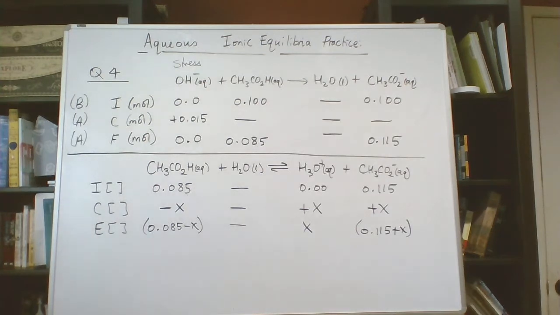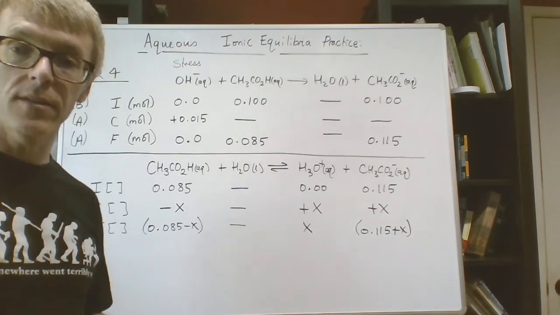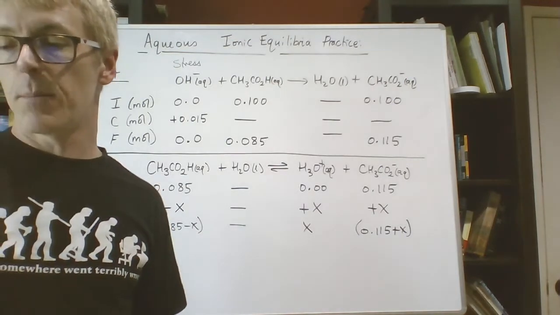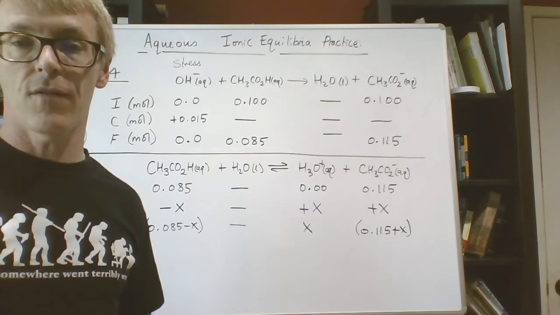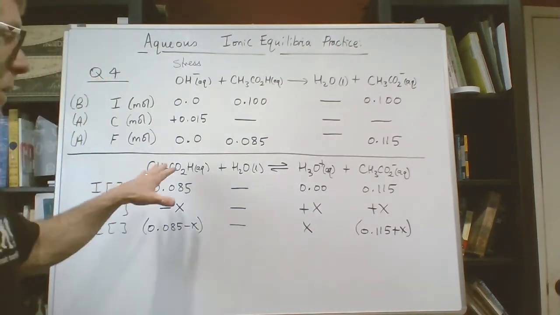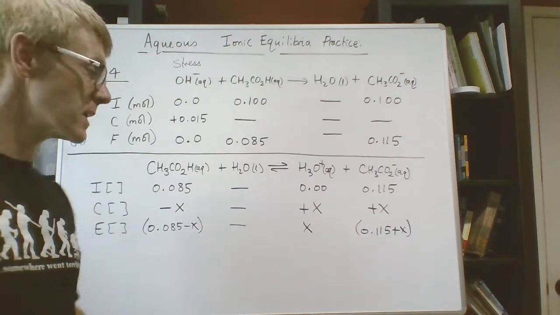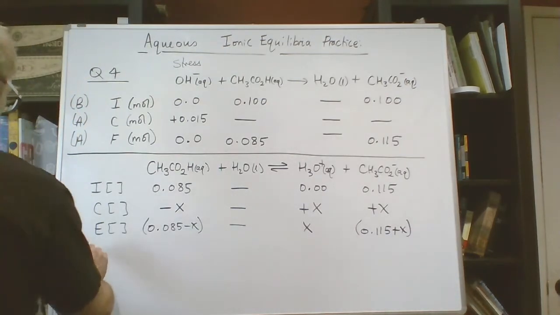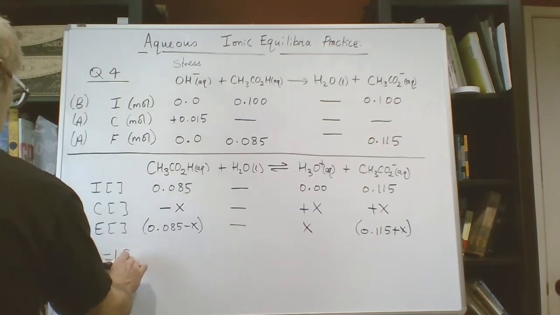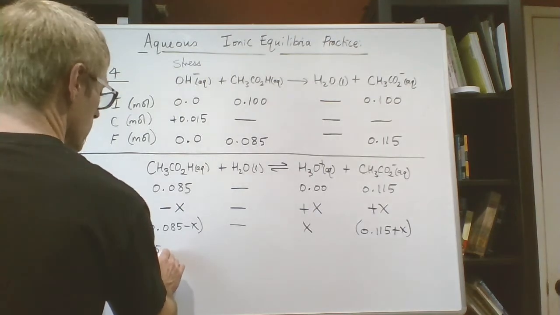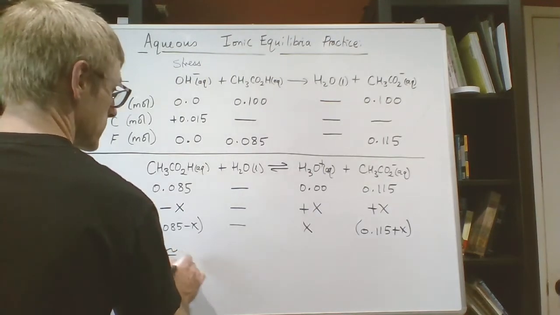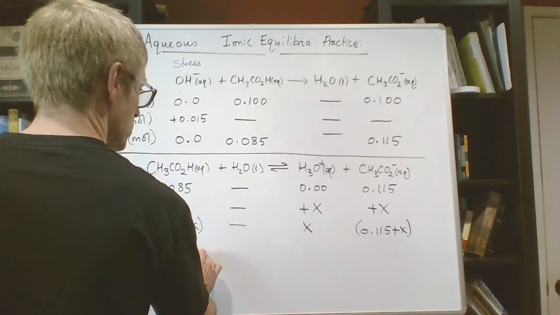I know the Ka value of this system. You wouldn't have to memorize it, it would be provided to you in an assessment, but I'm aware of the fact that it's less than 10 to the negative 4. So I can proceed with the assumption. So Ka is 1.8 by 10 to the negative 5, which is approximately equal to the product of the products.